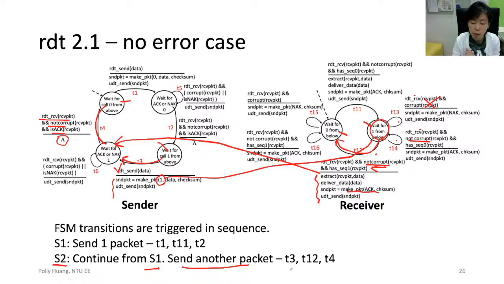So overall, the sender here takes T3, generates data, therefore calls T12 at the receiver side, generates ACK, and therefore calls T4 at the sender. And finally, both of them stabilize, because of no action in the last transition, and the sender goes back to wait for call from above, the receiver goes back to wait for 0 from below.